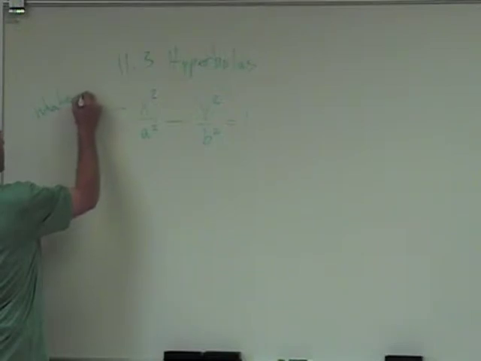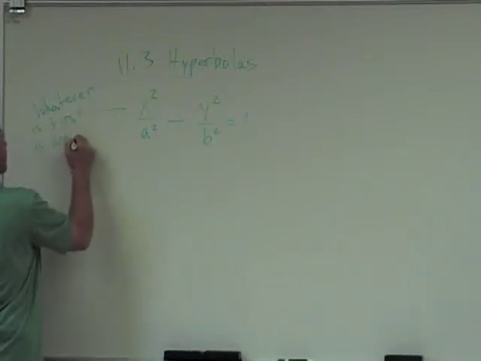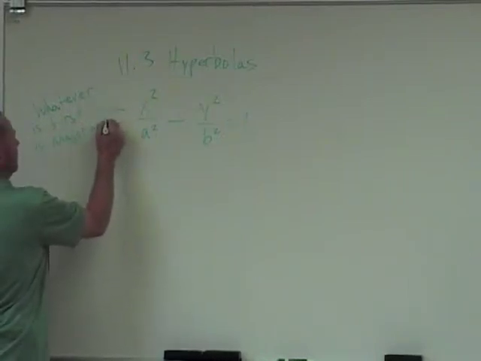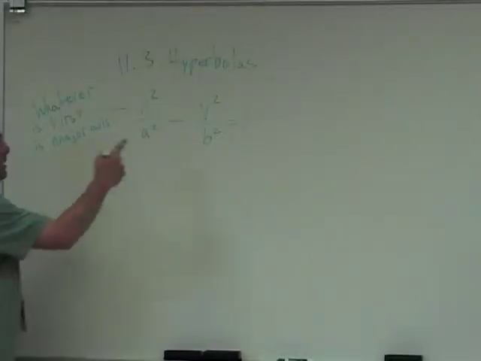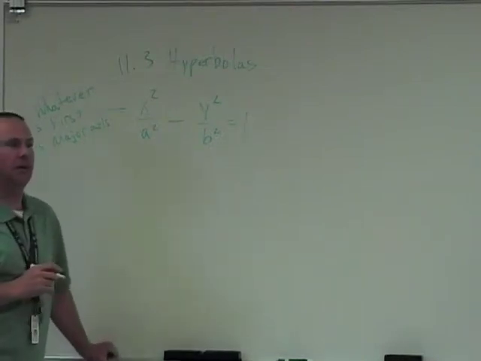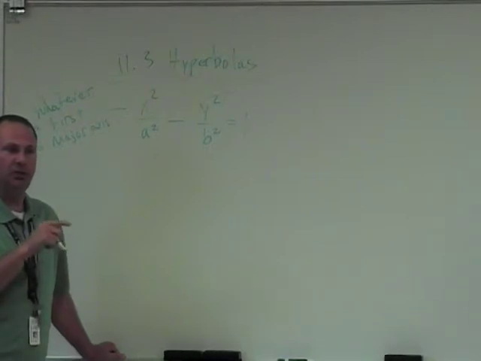Whatever is first is the major axis. So if x squared is first, that's your major axis, which means it's going to be horizontal. If y squared is first, then it'll be vertical. But a and b do not move.